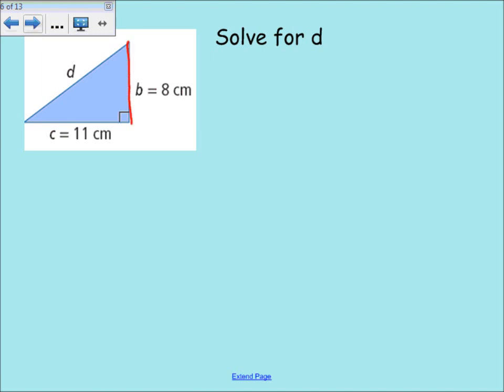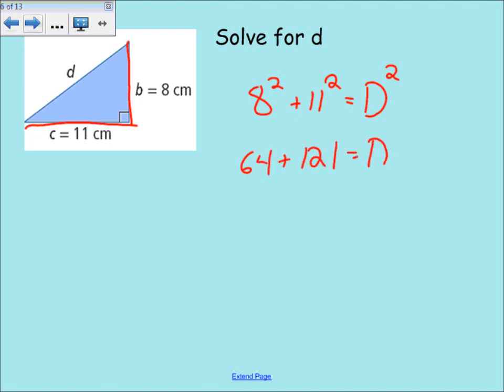One leg plus one leg, so 8 squared plus 11 squared equals d squared. 8 times 8 is 64, plus 121 equals d squared. 64 plus 121 is 185 equals d squared.